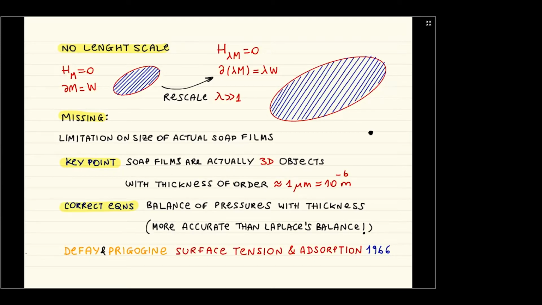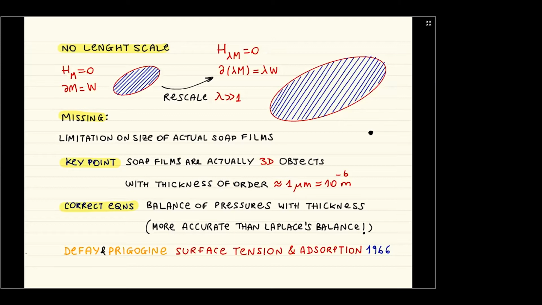So the key point is that subfilms are actually 3D objects with a very small thickness, of course, but you cannot capture all their features, all their properties, just by idealizing them as surfaces. So let me explain what should be the correct equations for subfilms in terms of a variant of the balance of pressures argument.